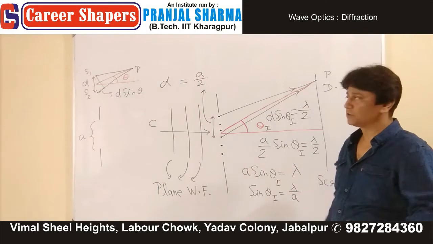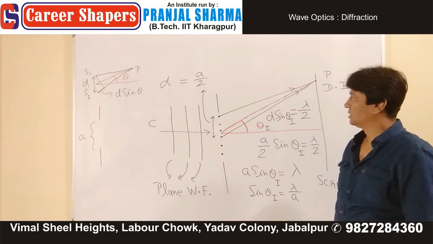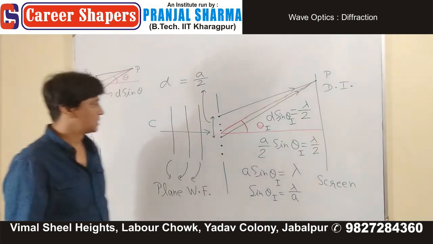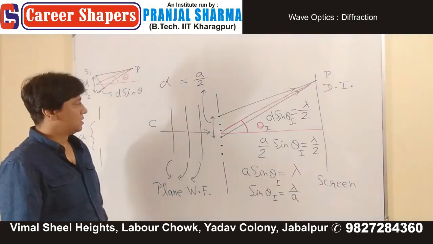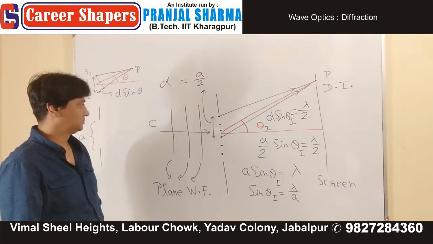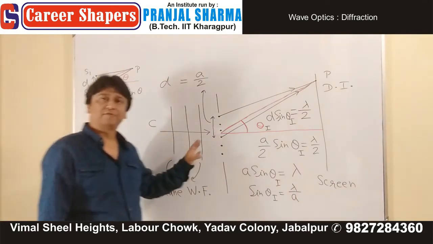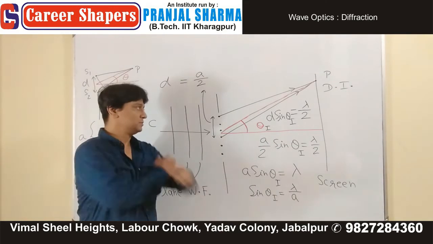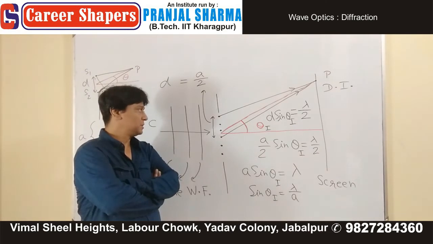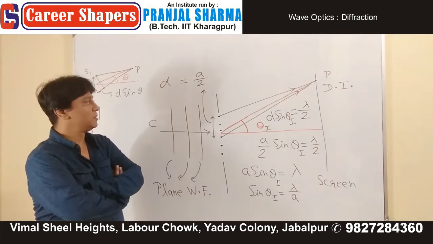There are coherent secondary sources present in both these halves, and light waves coming from these secondary sources interfere at point P.